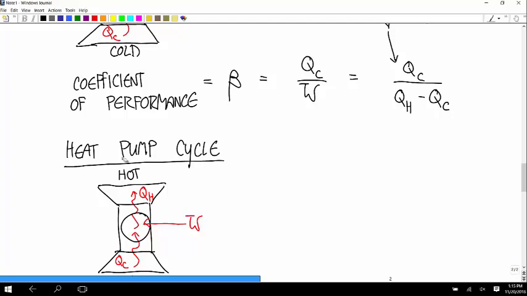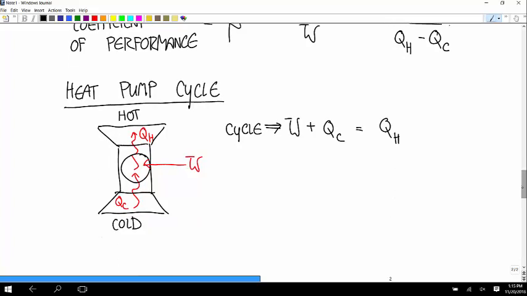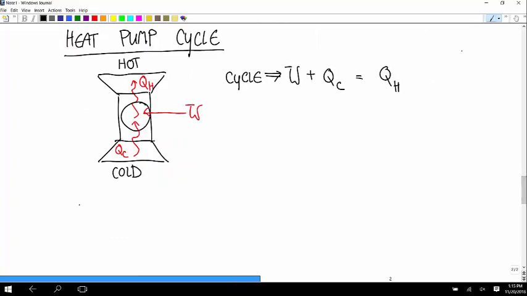Well, if everything's working the same as the refrigeration cycle, then this relationship still has to be the same: W plus QC is equal to QH, because it's a cycle. And you can see that from the diagram. Now we want to think about what it means to define the performance.